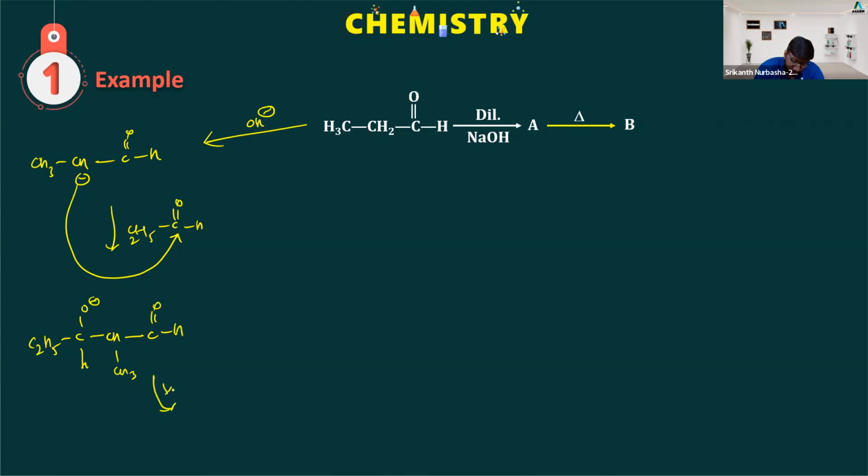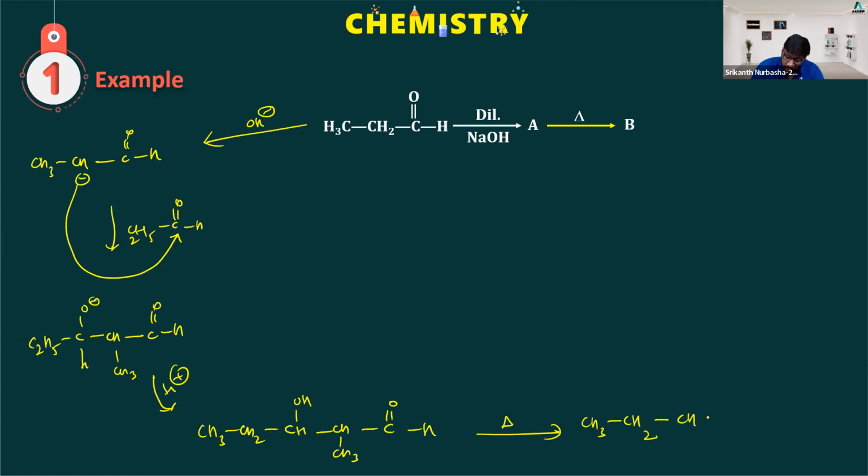It will pick up a proton from the water, forming CH3 CH2 CHOH CH CH3 C double bond OH. This upon heating will form the respective alkene, CH3 CH2 CH double bond C CH3 C double bond H.